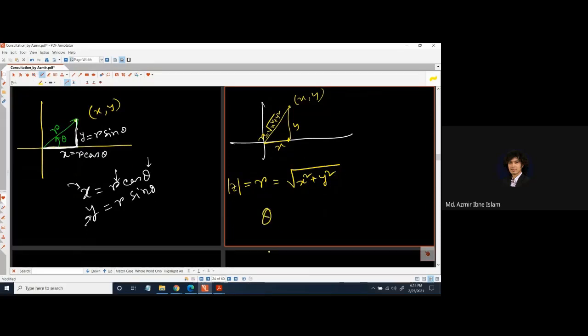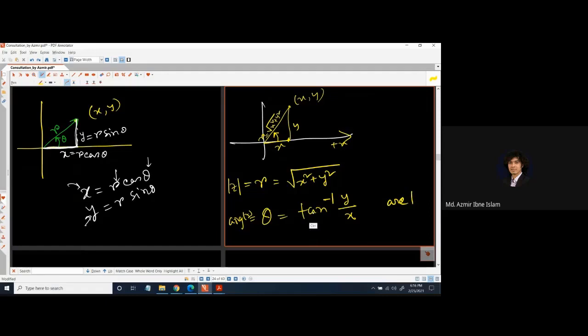What about theta? That is from positive x-axis to the line. So the formula for argument of z, we can understand by theta, is tan inverse of y over x, or we can say arc tangent of y over x.